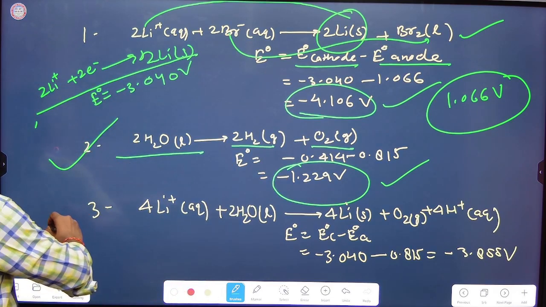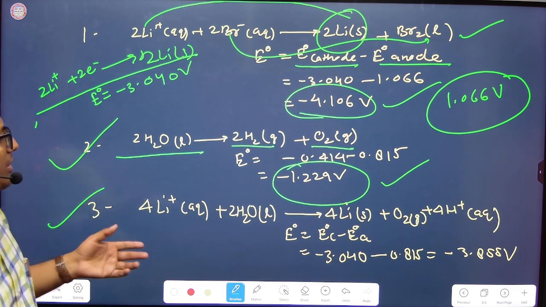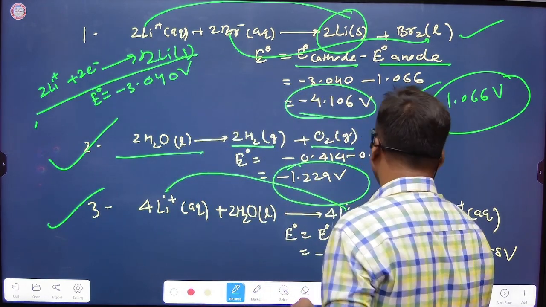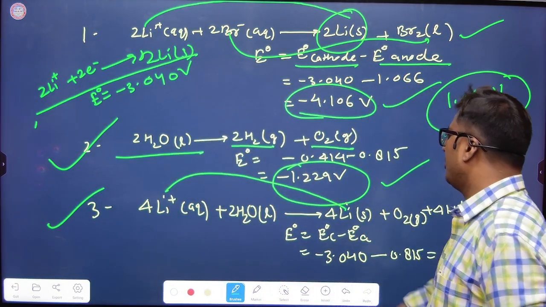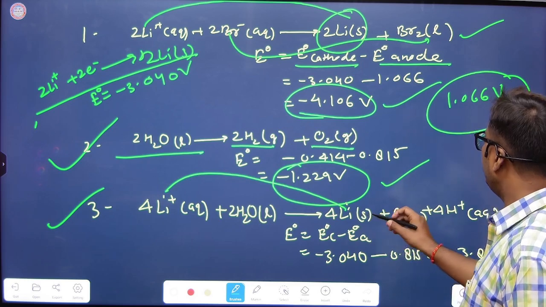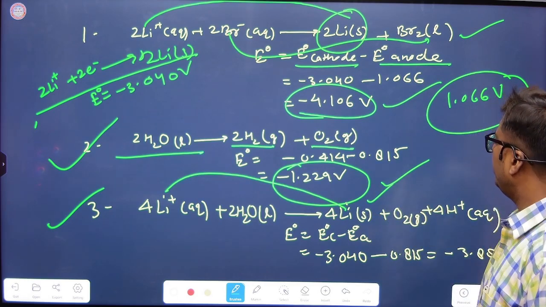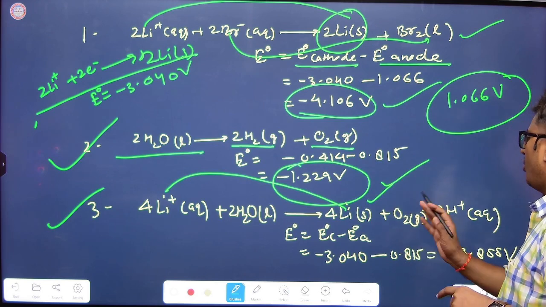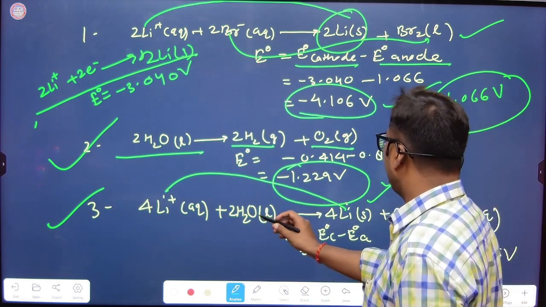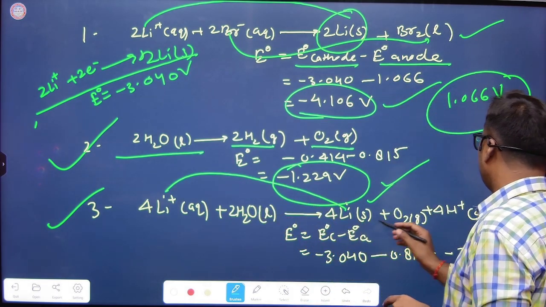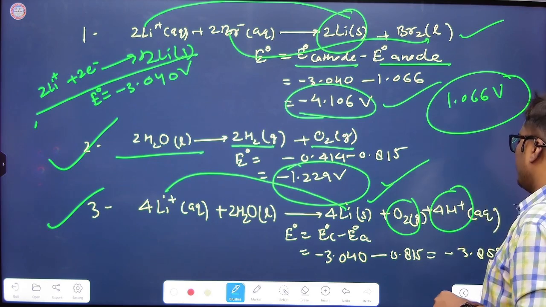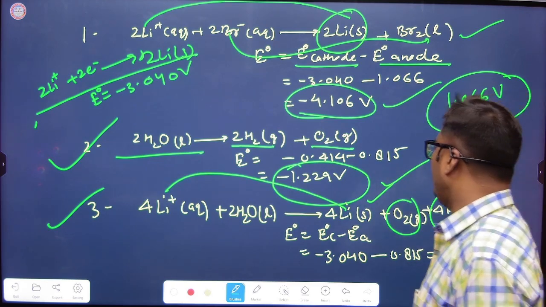The third possibility is that Li+ is reduced, right? Here 4 moles of lithium plus aqueous get reduced into 4 moles of lithium solid. So lithium metal is obtained, and the other product is from water, that is oxygen gas and 4H+, that is hydrogen ion.